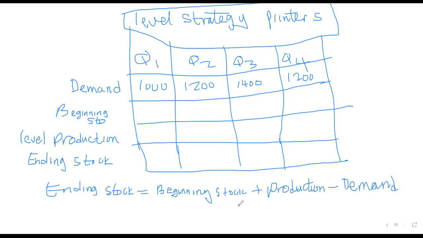Then our level production, since there was a quarterly repeat in the demand pattern, is a summation of demand over the number of periods.